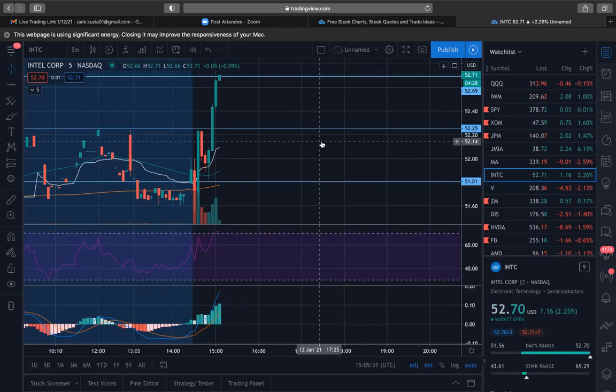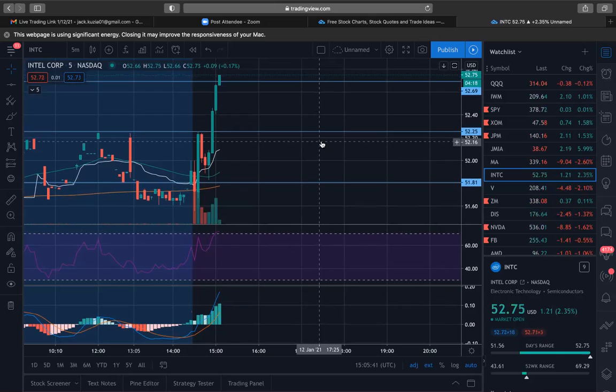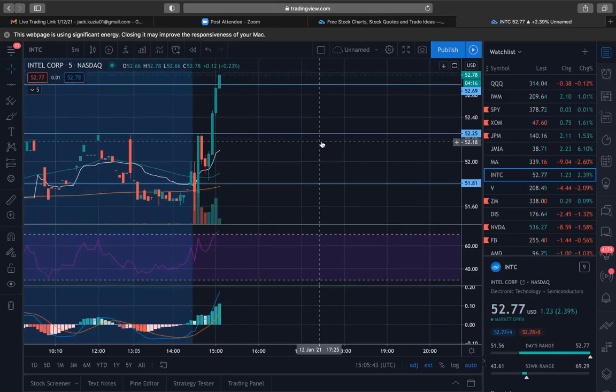We're just waiting for the break here, and then we will enter. Let's wait a second here. It looks like a false breakout. Might not be, though. 52.74 will be our... Okay, yep, we're in now. I just entered, and I'm in at 2.03. Possible swing.